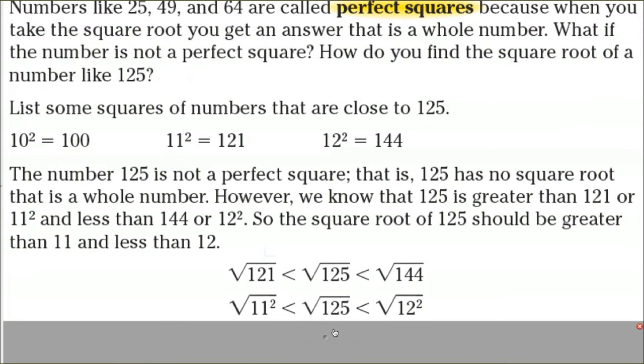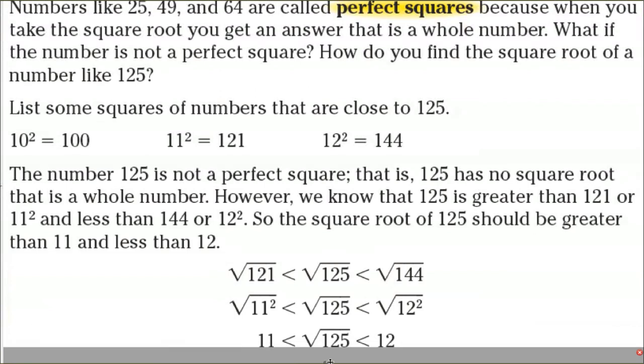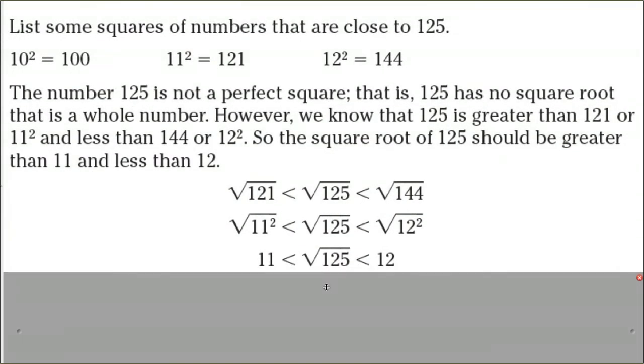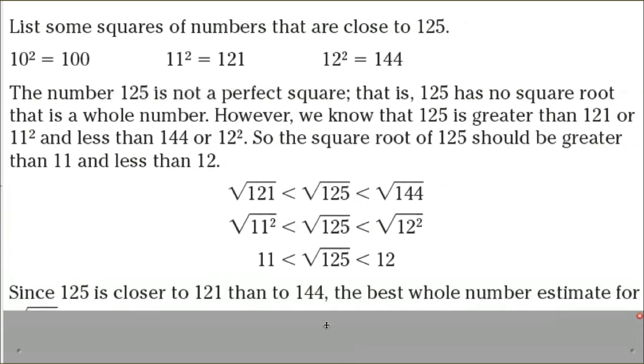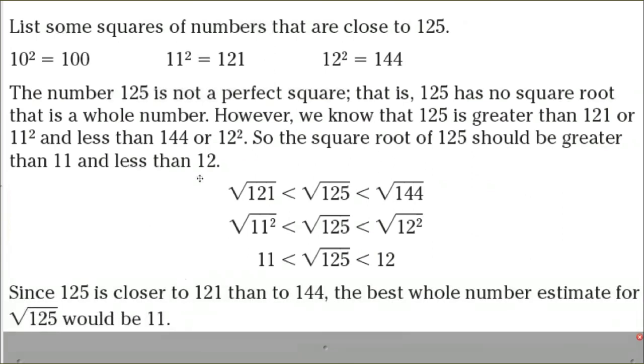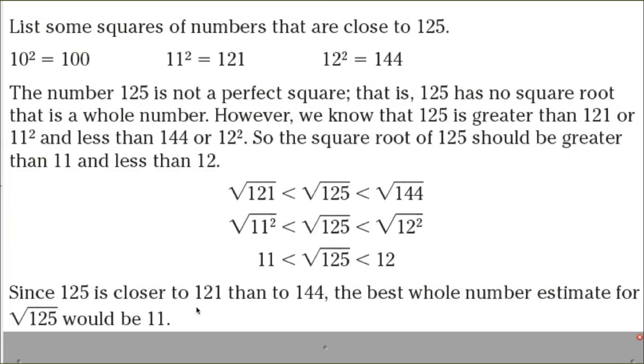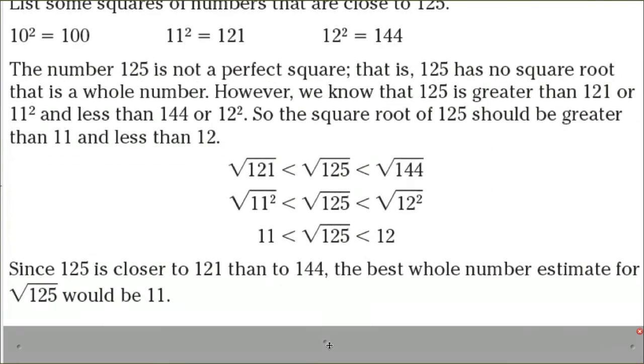It simply means that the closest estimate to the square root of 125 is 11. So the closest integer estimate, the closest whole number estimate, would be 11 for the square root of 125.